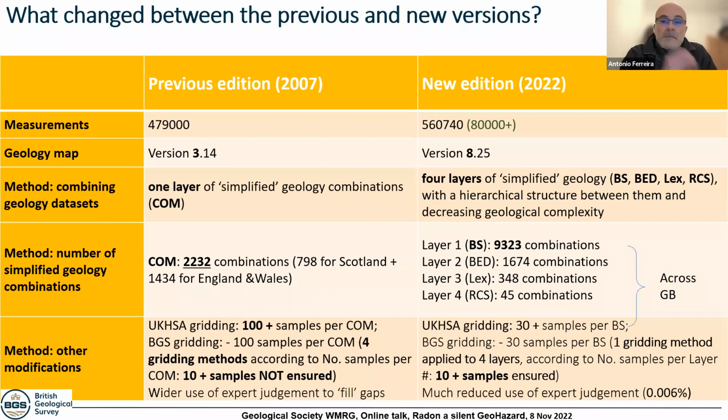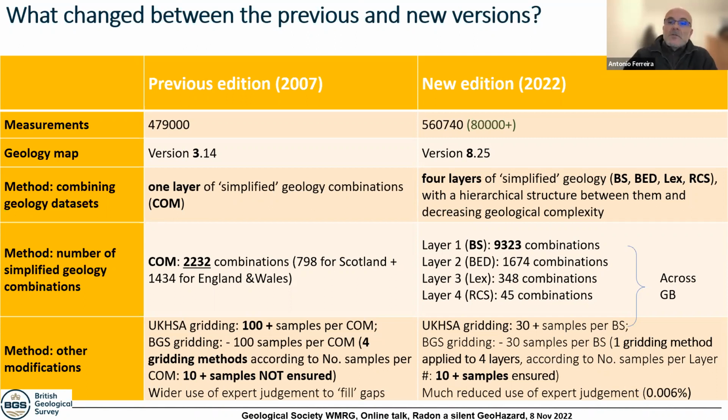The new edition makes use of 4 levels of geological complexity. We call those BS, BED, LEX, and RCS, contrary to the single level of complexity, the so-called COM, with a layer of higher complexity, BS, providing more detail than the original COM.